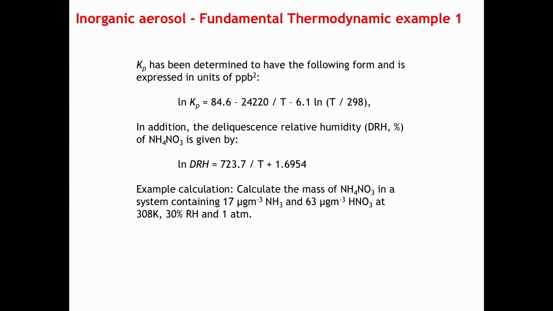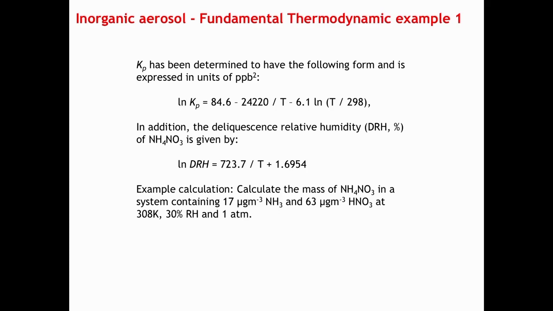So, shall I do the calculation? So that's the volume of 1 mole.